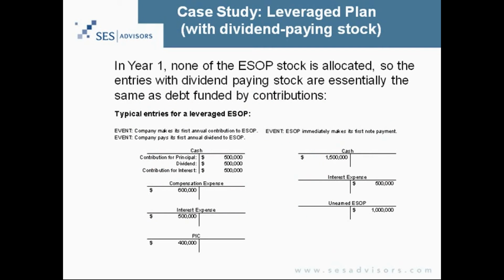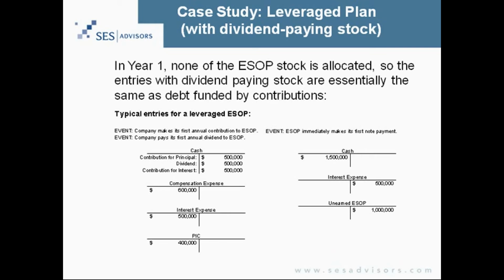One important thing to point out on dividends is that in order for them to be deductible, they must be paid during the fiscal year. You don't have the same sort of grace period as you do in contributions, where you can make the contribution up to 9.5 months later. A dividend is only deductible in the year in which it's paid. So an important thing to keep in mind.